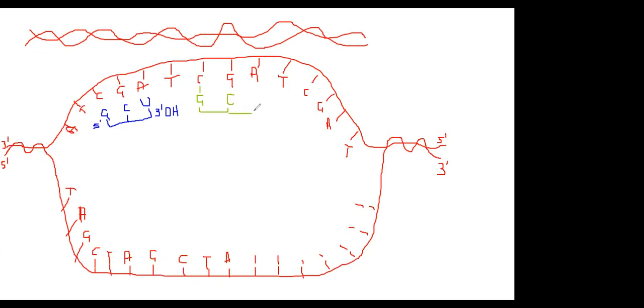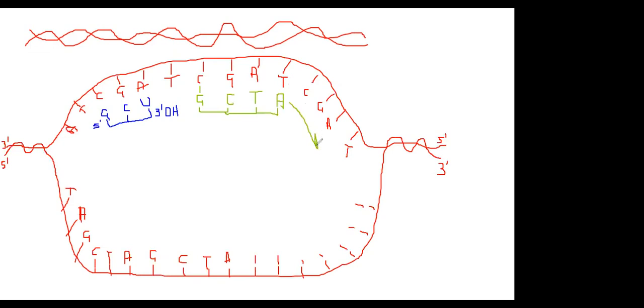There. And it can grab a T and put it in there because it's complementary to the A. So that means that there's a pool of nucleotides floating around that the polymerase enzyme can incorporate to synthesize this new strand of DNA. And this continues in this direction.